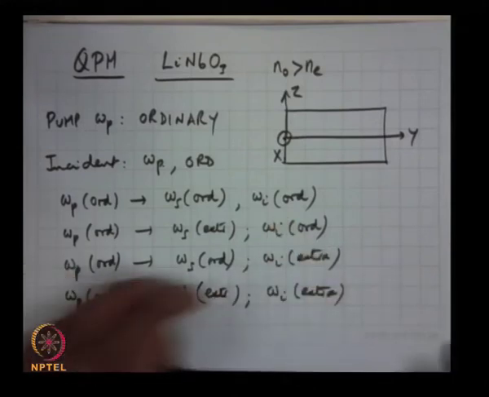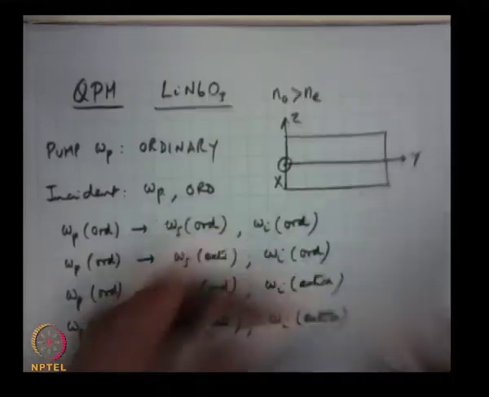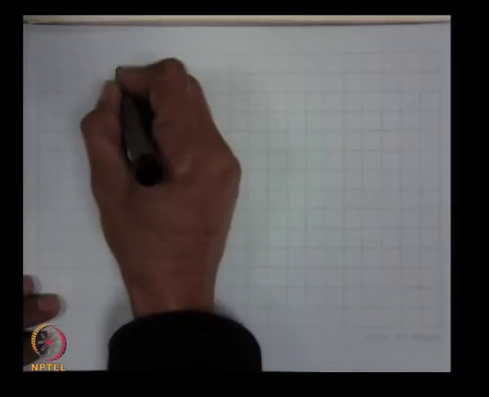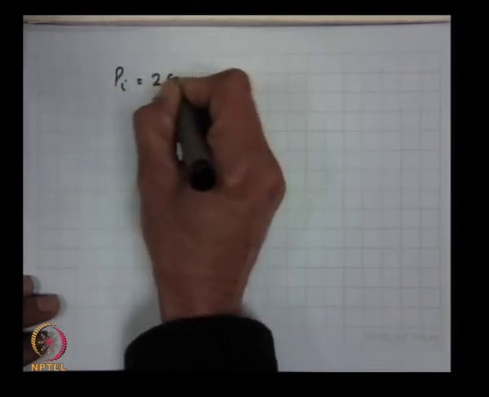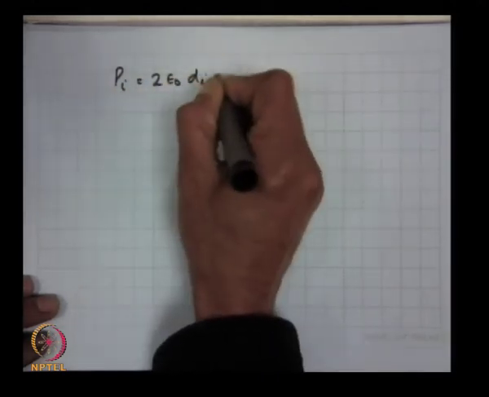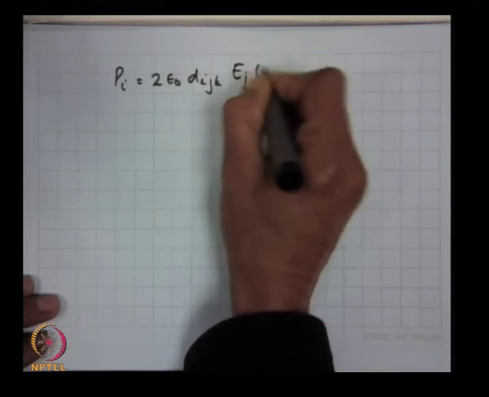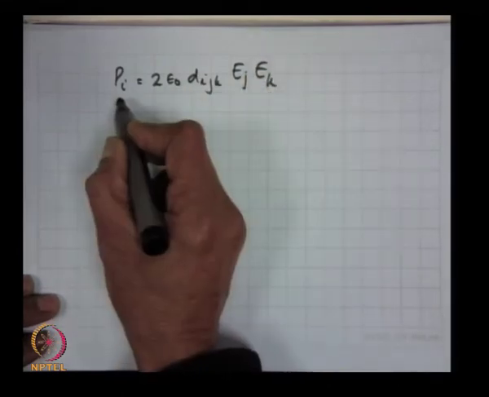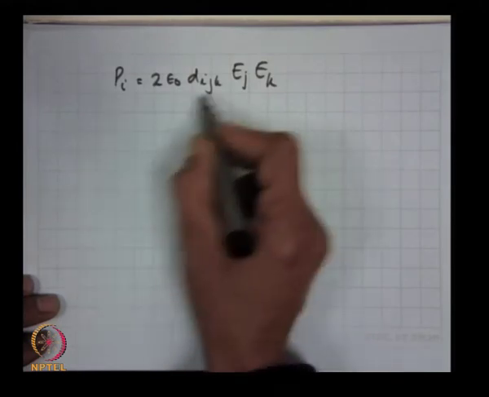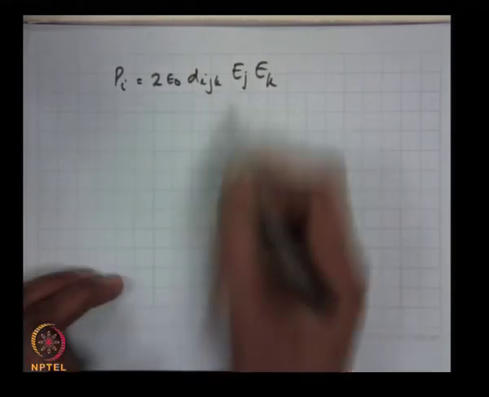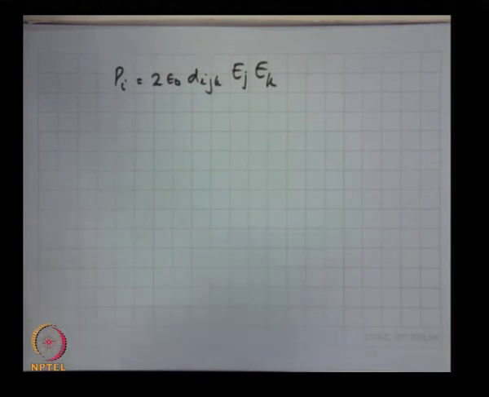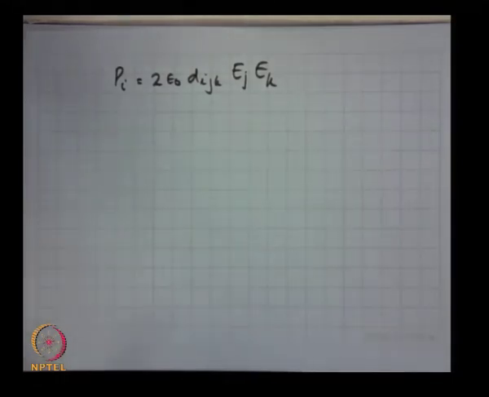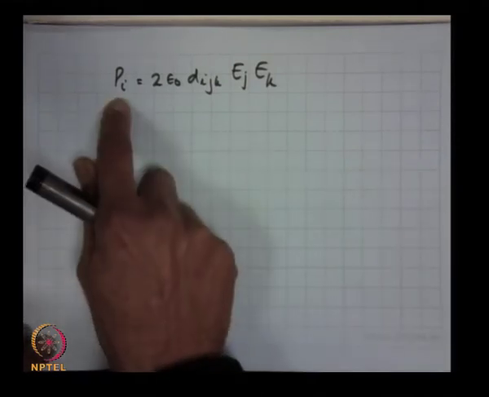So if you look at this equation which we had written earlier, the polarization P_i is equal to 2 epsilon 0 d_ijk E_j E_k. These are total electric fields, total polarization. I have to substitute E_j as a sum of the electric fields of the pump, signal, and idler. Similarly, E_k, pump, signal plus idler, and I will find out what polarization states are generated.